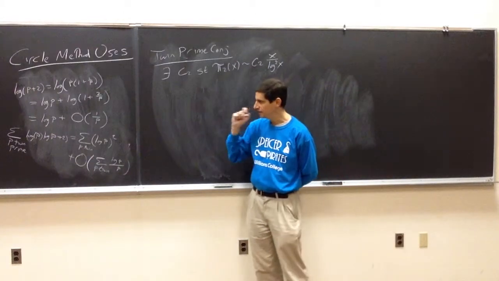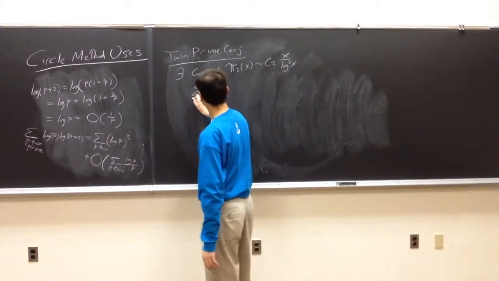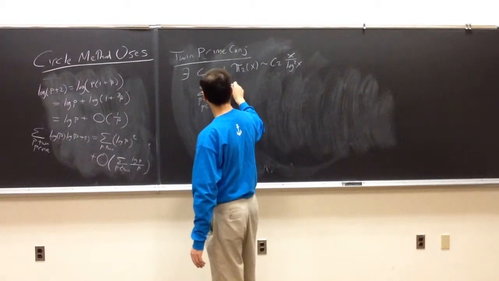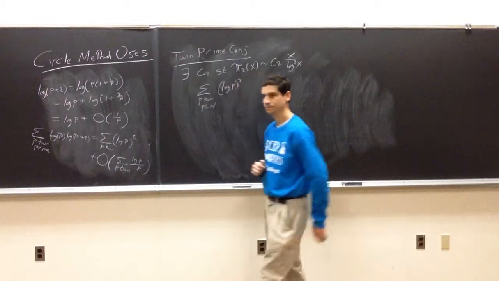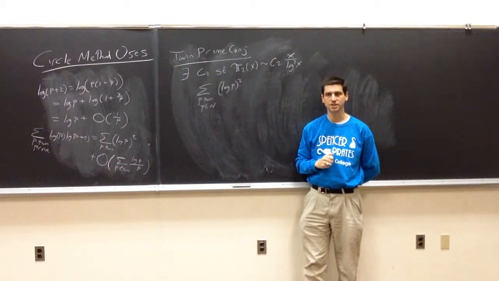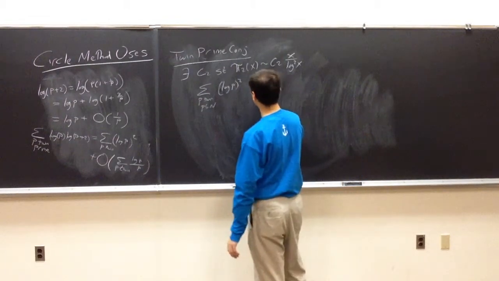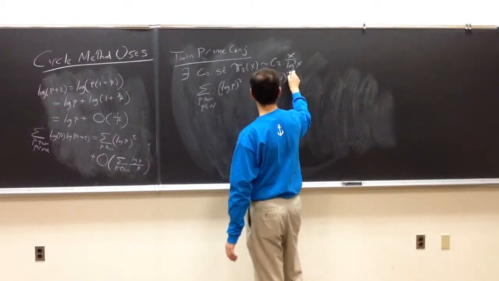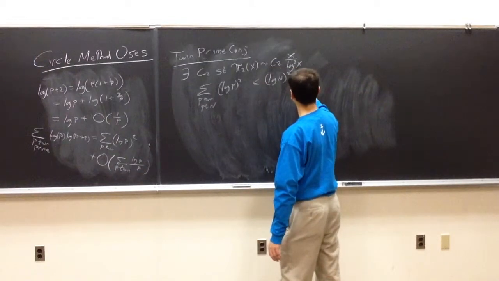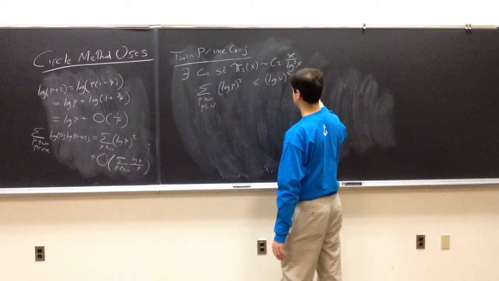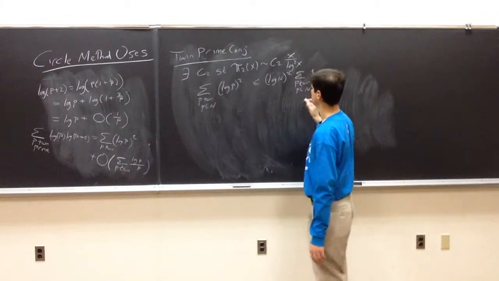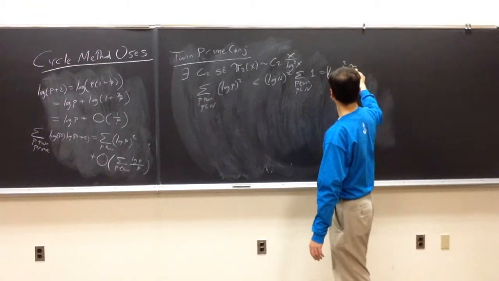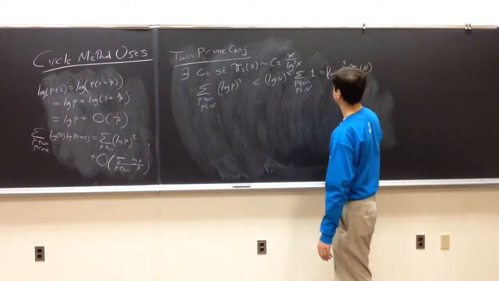And so if you look at the sum over twin primes p less than or equal to n of log of p squared, if you want to get a sense of the size, this is clearly going to be less than or equal to log of n squared times the sum over twin primes p less than or equal to n of 1, which is log of n squared times pi_2 of n.